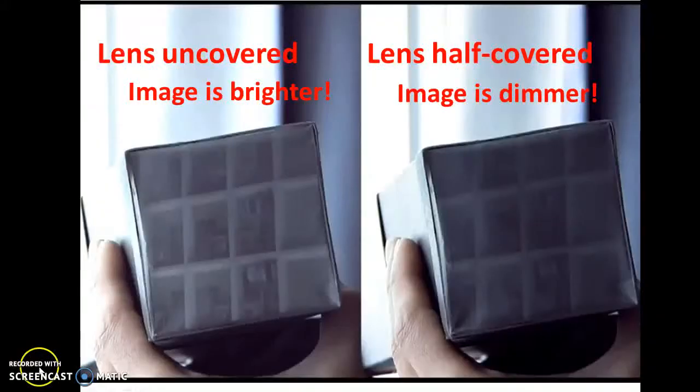Is there any change in the image? Right. The image is brighter on the left since the lens is uncovered, and so more light can go into the eye model and then form a brighter image.